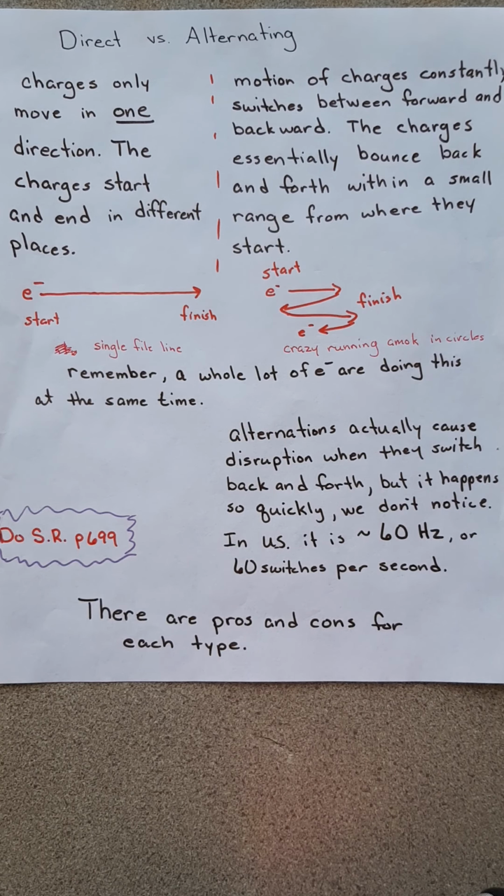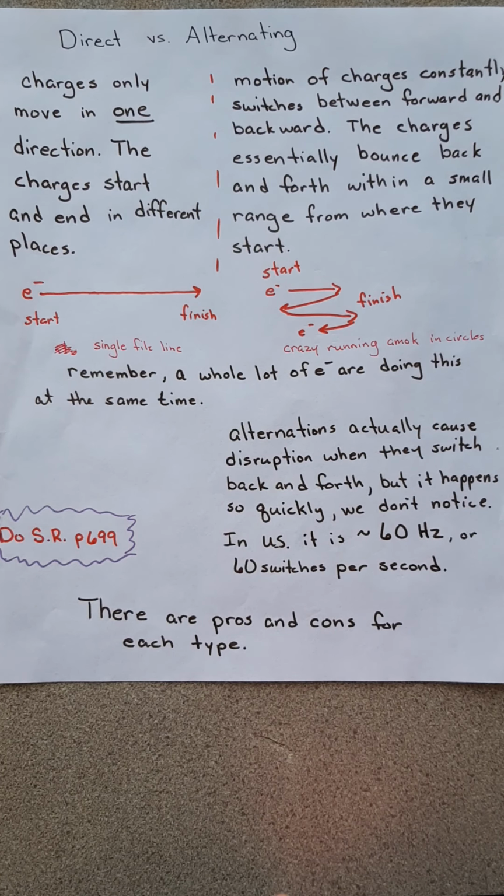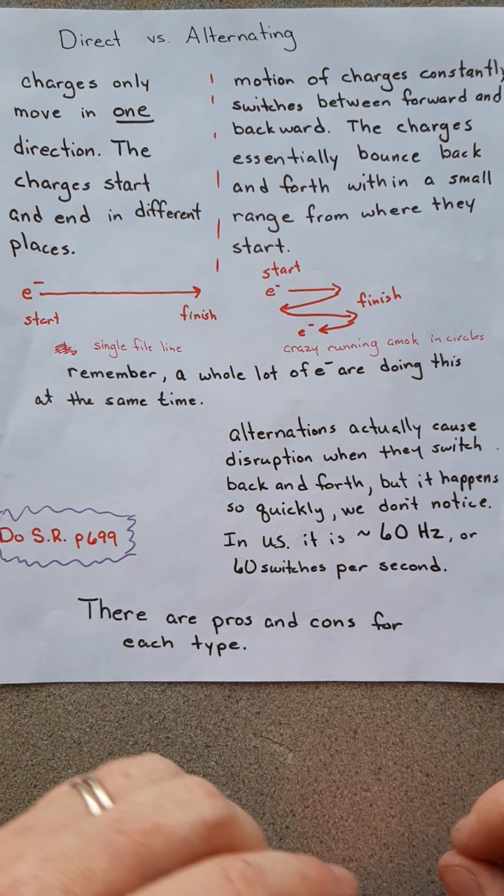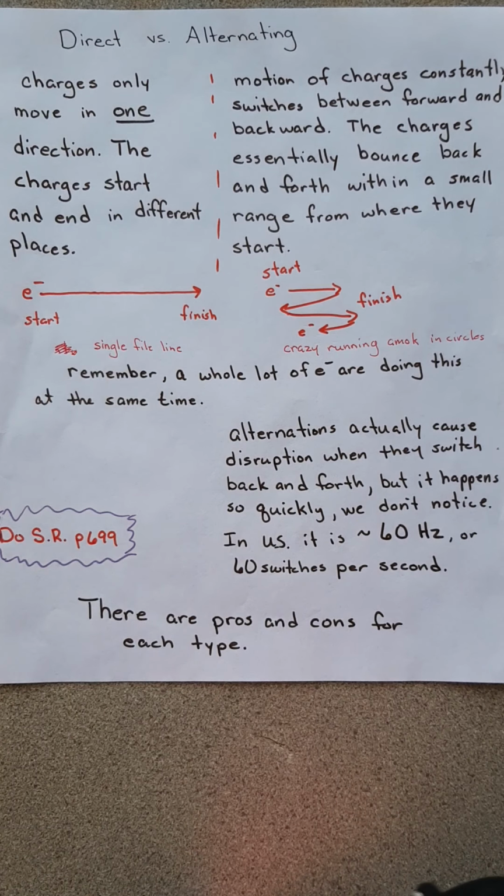In the United States, our electric grid works on a 60 hertz system, so that is 60 switches per second. If it was much slower, we would actually notice the lights flicker every time it switched back and forth with alternating current. There are pros and cons for each type of current.